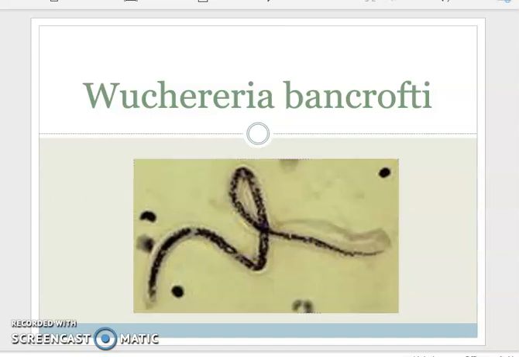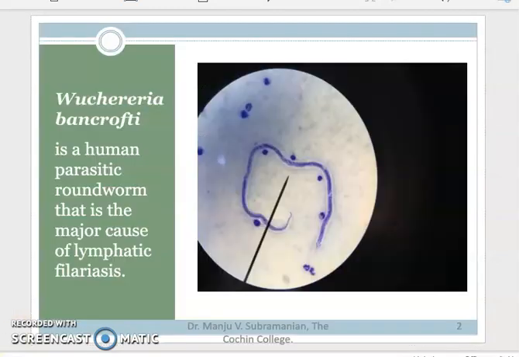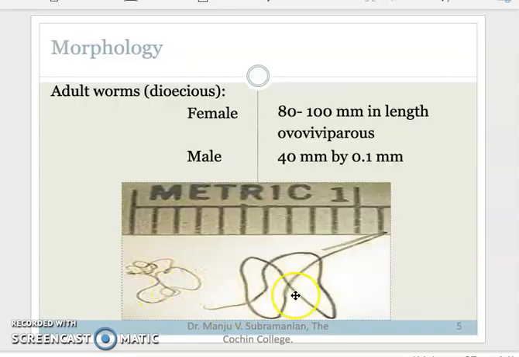The male and the female exhibit some degree of sexual dimorphism, and the male is much smaller than the female, as in this diagram. You can see the two. This is the male one, and this is the female one.